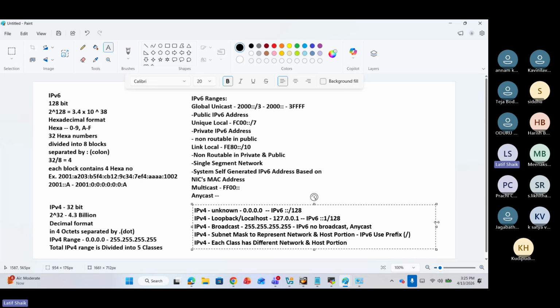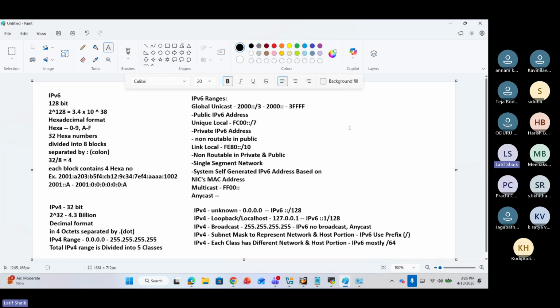By default, in IPv6, mostly it is /64 only. /64 means the first 64 bits are the network, and the next 64 bits are the host portion.